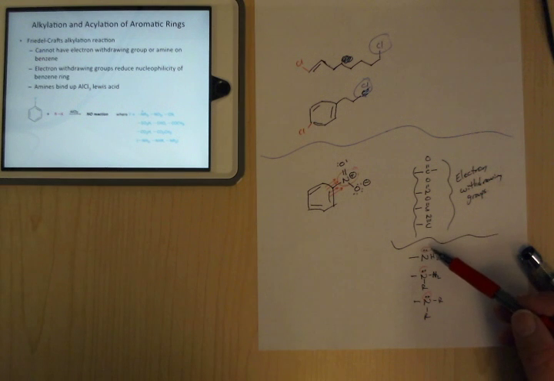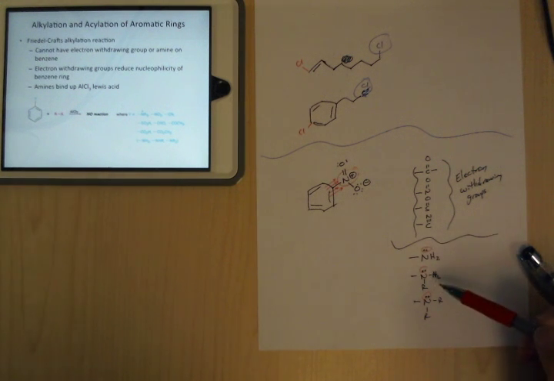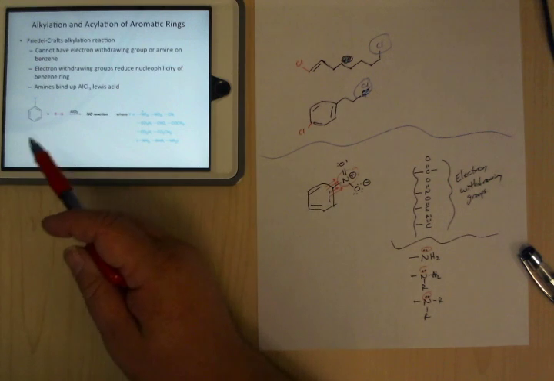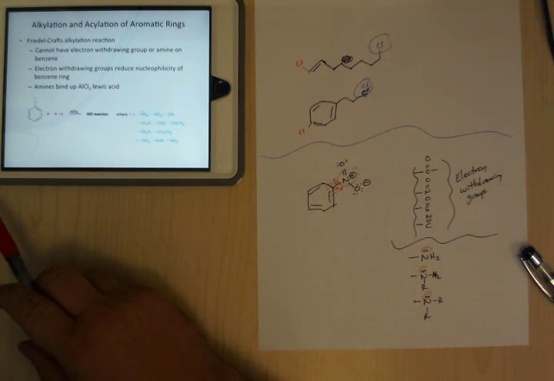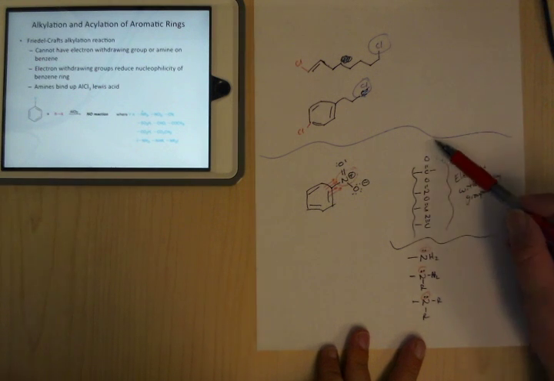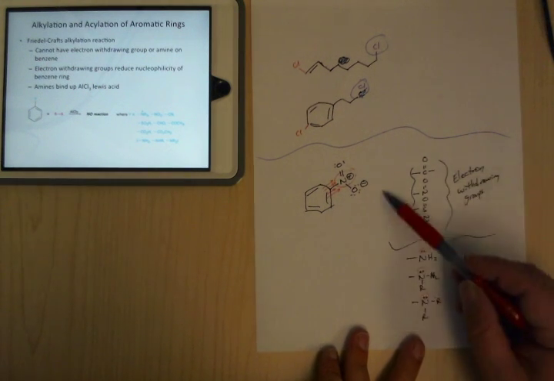Why? It turns out that it binds to your aluminum, your Lewis acid, your aluminum chloride, and prevents it from going. It binds up your catalyst. If you don't have a catalyst, the reaction's basically not going to go. So you can't have these electron withdrawing groups on there. If you want to do this, you have to design around those.